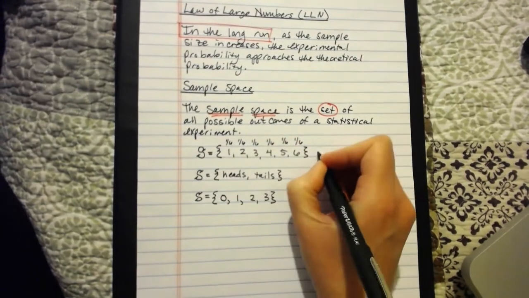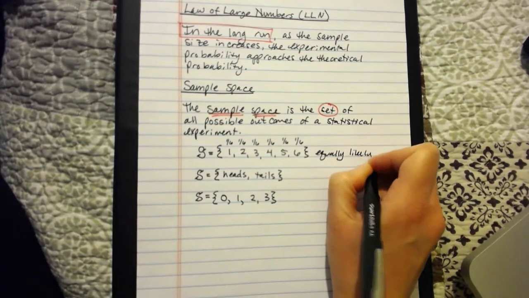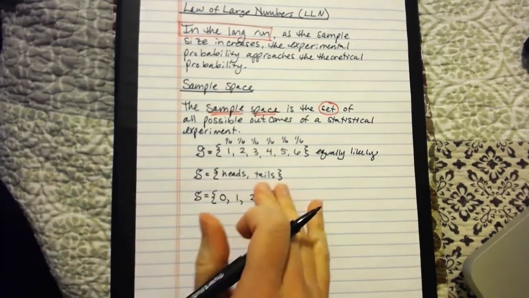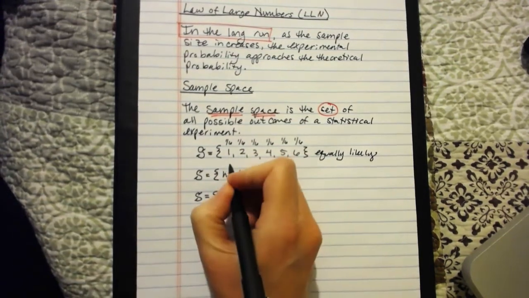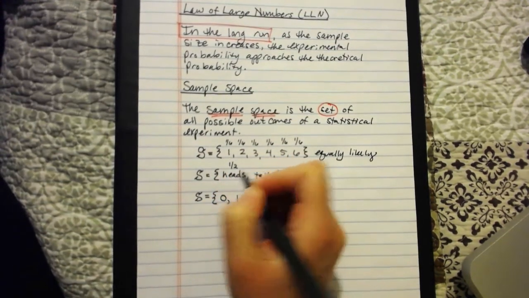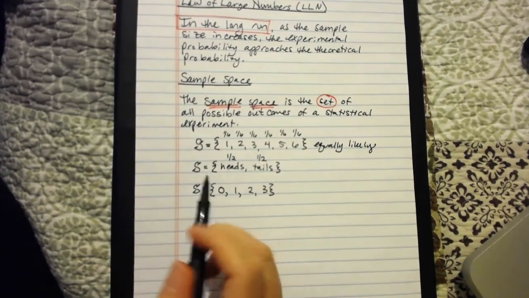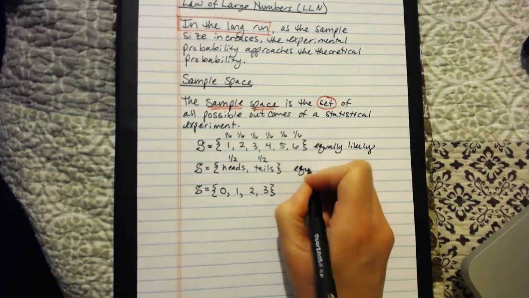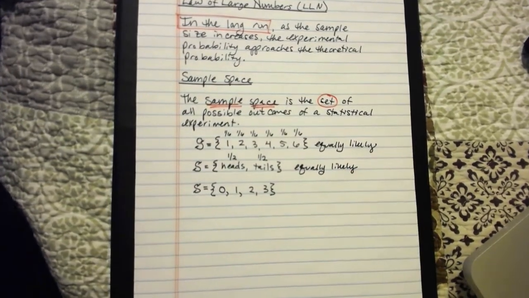Therefore, are they all equally likely? Yes. Heads and tails on a single flip of a coin. Are these 2 outcomes equally likely? Well, you have a 50-50 chance of getting heads and a 50-50 chance of getting tails. So are they equally likely? Yes. They both have probability of 1/2 or 50%.